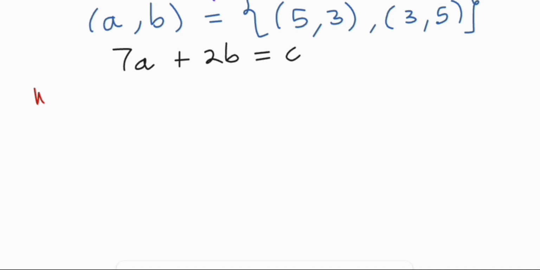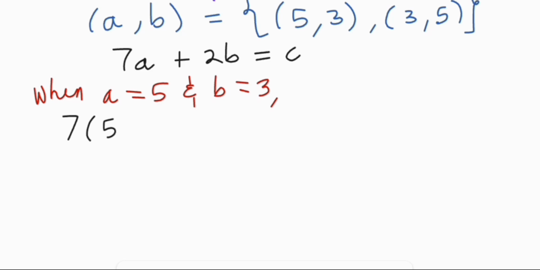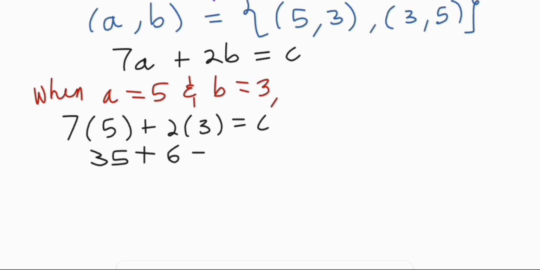Hence, when a is 5 and b is 3, we shall have 7 times 5 plus 2 times 3 to be equal to c, which means that 35 plus 6, and that's 41, would be the first value of c.